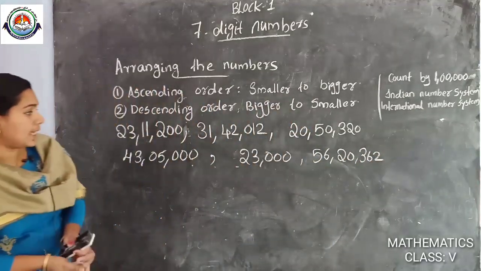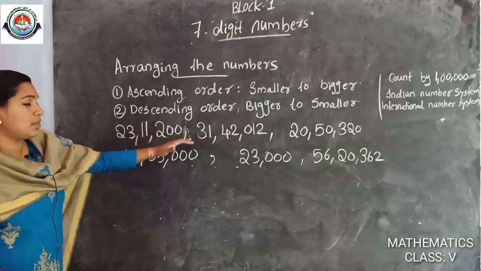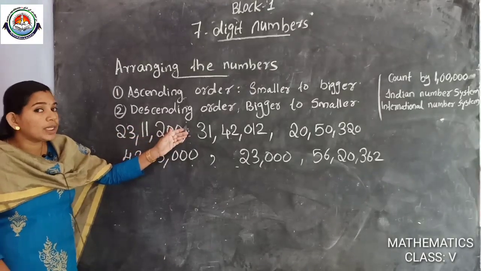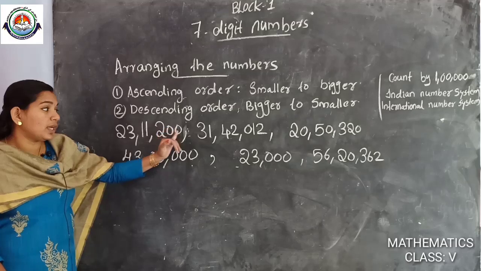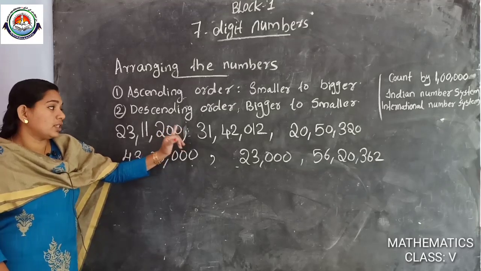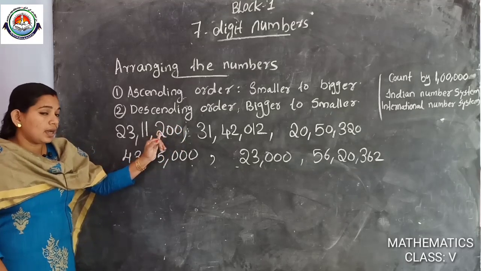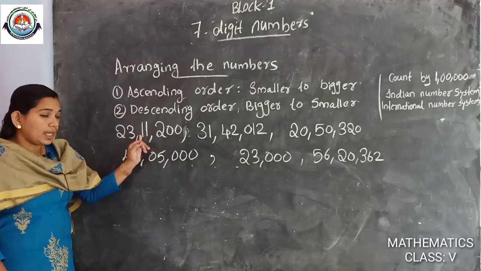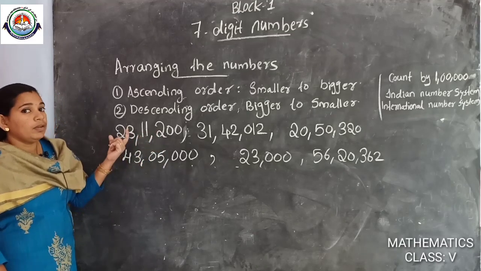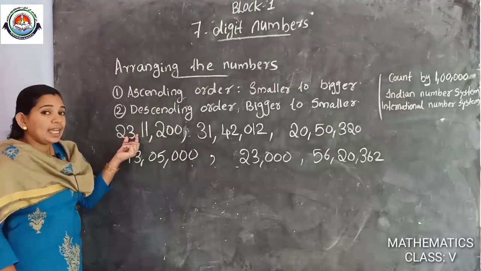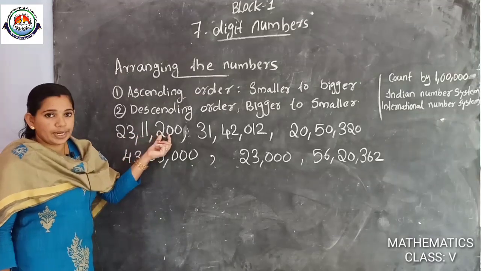Okay, I wrote 6 numbers here. What are the numbers? How do we read them? First we check the place values: ones, tens, hundreds, thousands, ten thousands, lakh, ten lakh. So we read this number as 23 lakh 11,200.